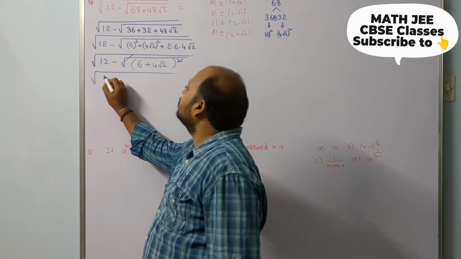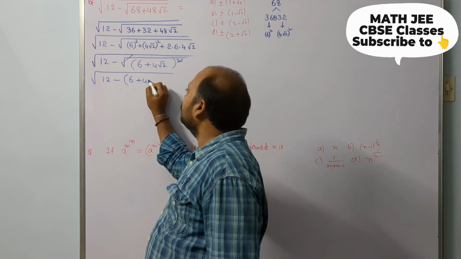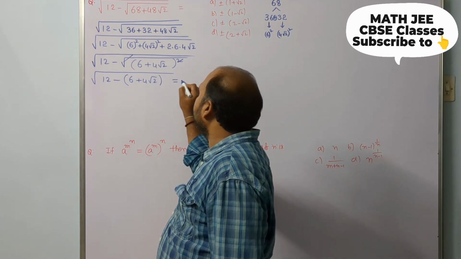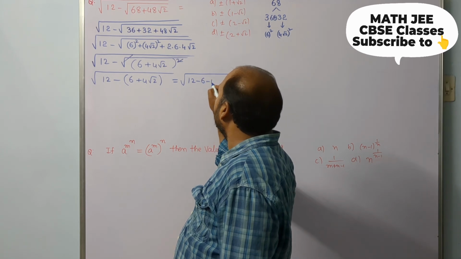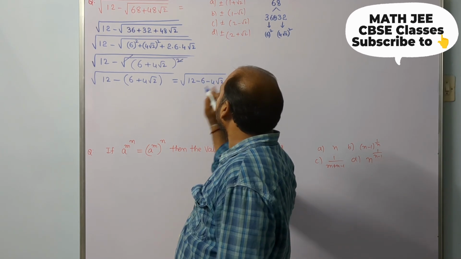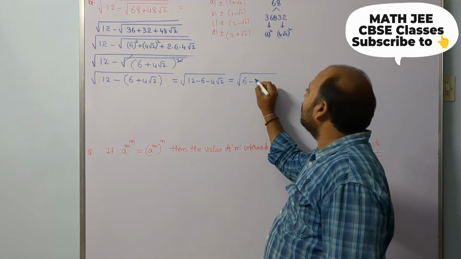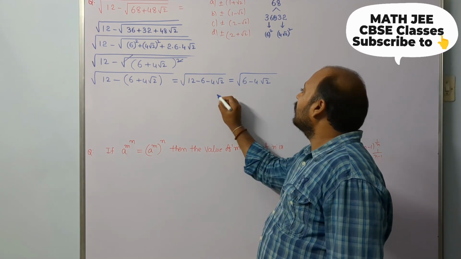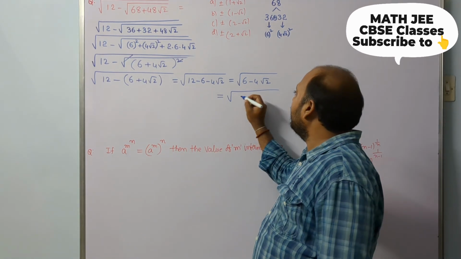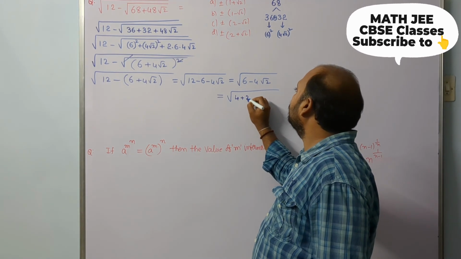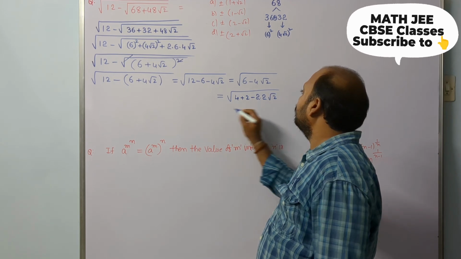Square root of 12, keep bracket, under 6 plus 4 root 2, dear students, which is equal to square root of 12 minus 6 minus 4 root 2. That also can be written as square root of 6 minus 4 root 2. 6 can be written as 4 plus 2, minus 4 can be written as 2 into 2 into root 2.